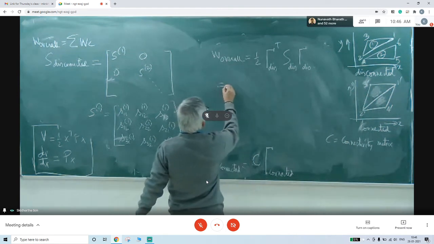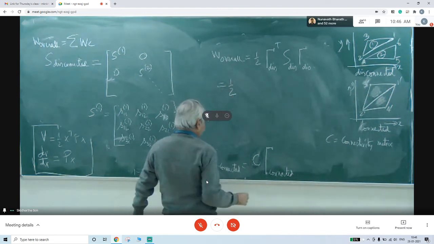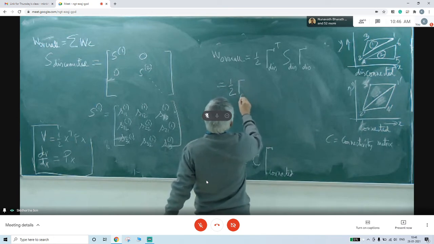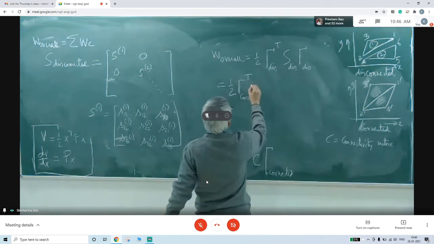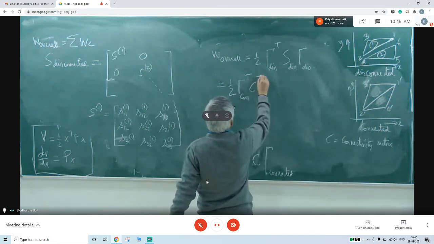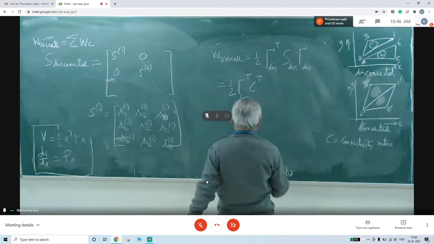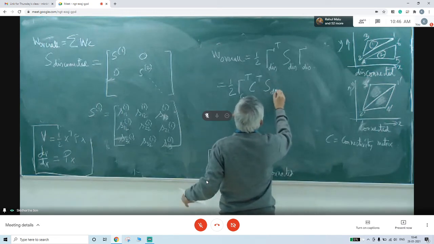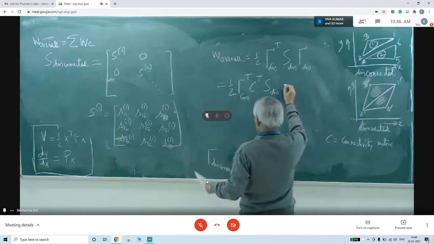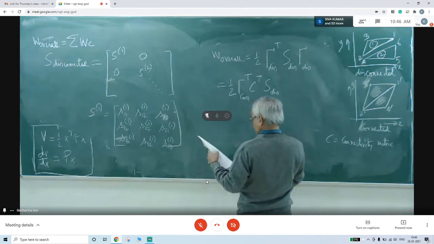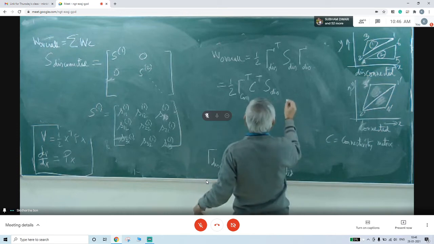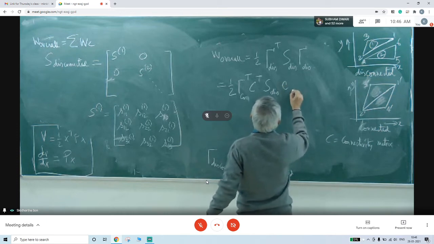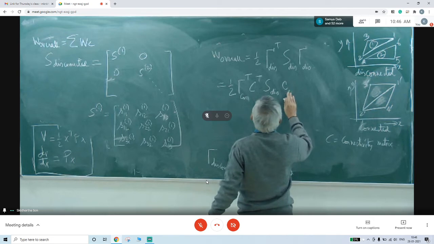So we can say it is equal to half of lambda connected transpose into C transpose, C is the connectivity matrix, into S disconnected, then C matrix, and then lambda connected.